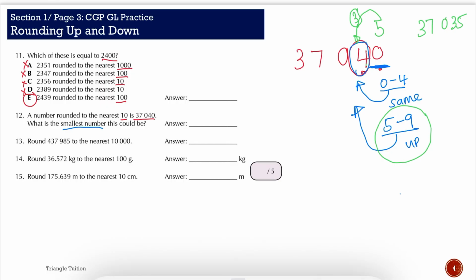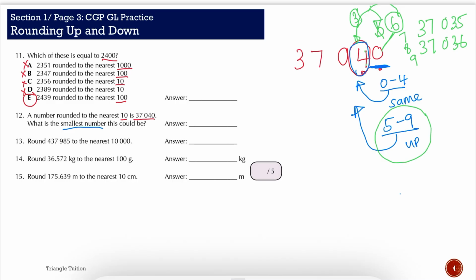Now let's say this number is 6. What's going to happen? If the next door is 6, that will go up again, from 3 to 4. So the number is 37036. The same applies with 7, 8, 9.